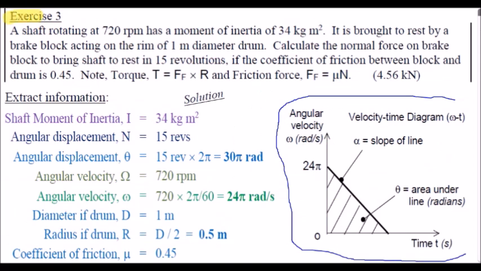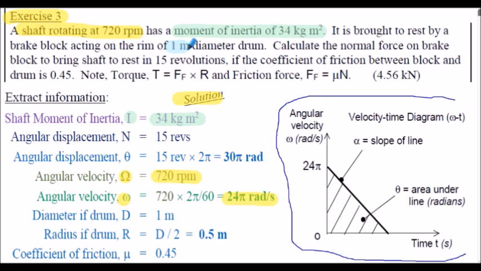Here's exercise 3, solution. Extracting the information from the question, we know the shaft is rotating at 720 RPM, so capital omega is 720 RPM. Converted into radians per second, so lowercase omega is 24 pi radians per second. Moment of inertia of the shaft, I, is 34 kilogram meter squared.